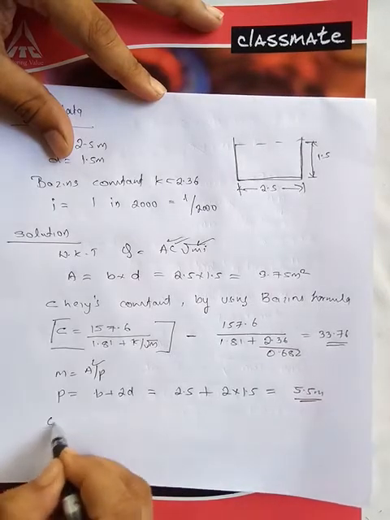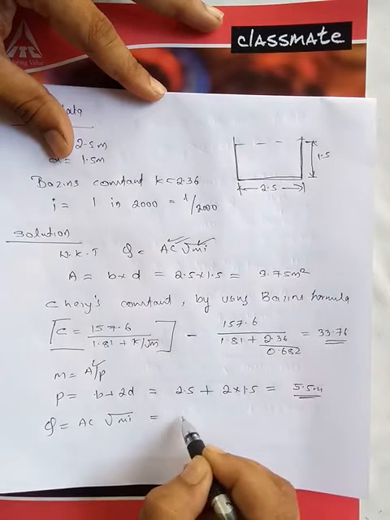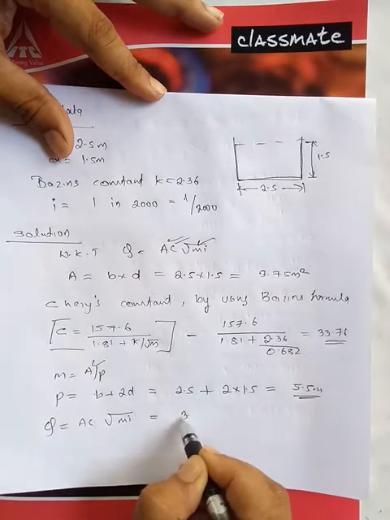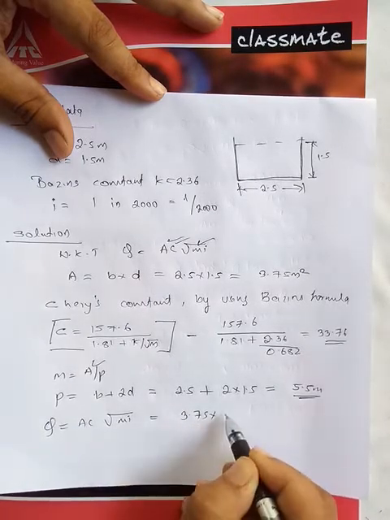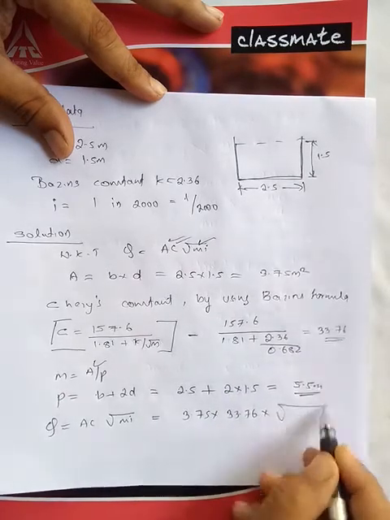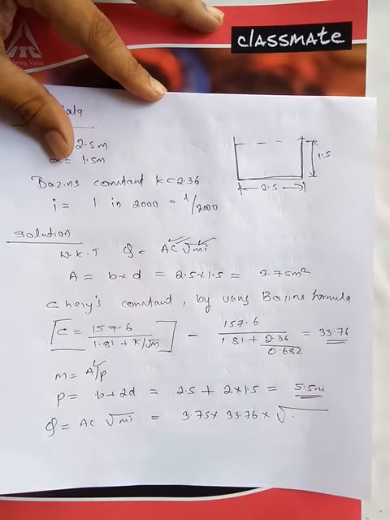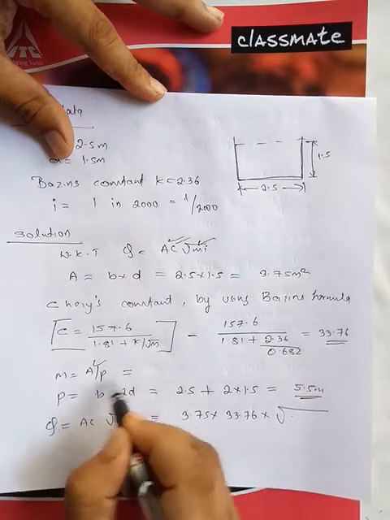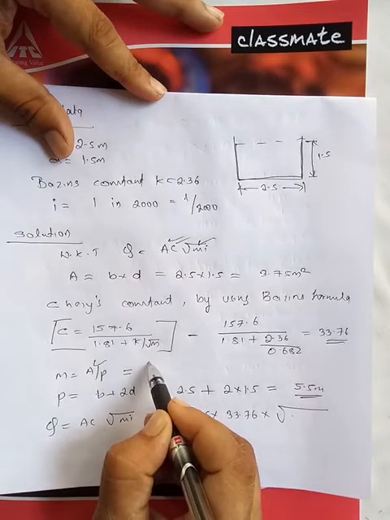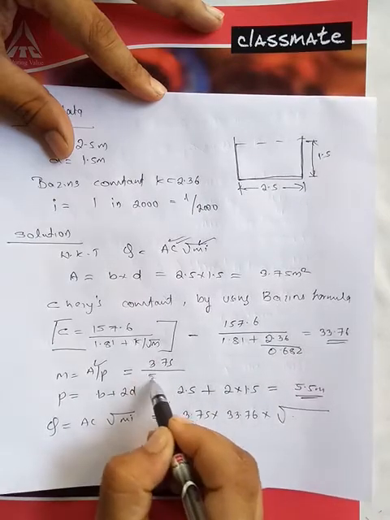So substitute in equation Q is equal to AC root mi. Area is 3.75 into C, here Chezy's constant you got 33.76 into root mi. m you have to find out, right? Still you didn't find out. Area by P, area is 3.75 divided by 5.5 wetted perimeter.